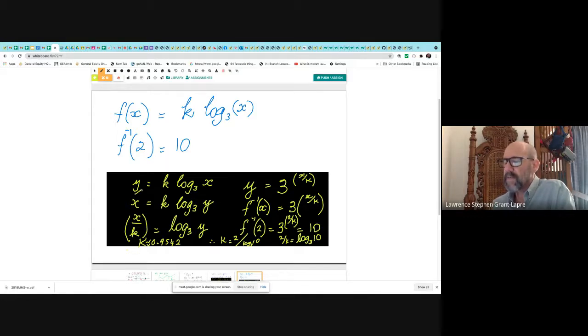Now, if you wanted to, you could have gone back and used your calculator to define the function of x. If I go define the function of x, and I define that as k, let's go to variable k, log to base 3 of x, and okay, let's define that.